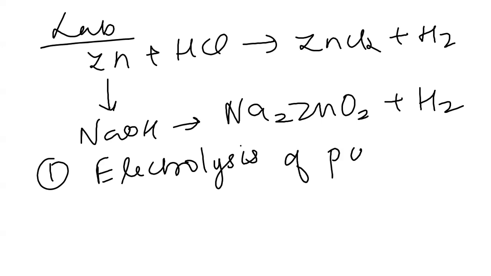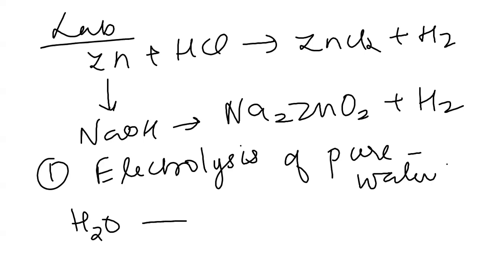And by the industrial method, we do electrolysis of pure water. See, pure water is a poor conductor, therefore a dilute aqueous solution of acid or alkali is used to prepare dihydrogen by electrolysis.